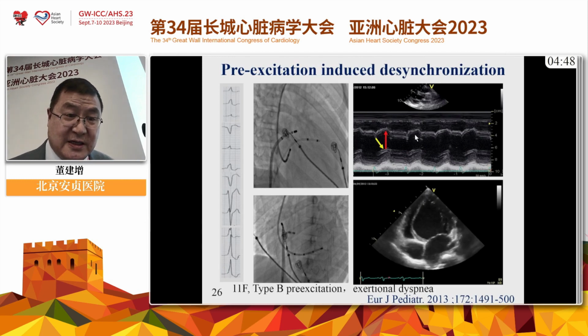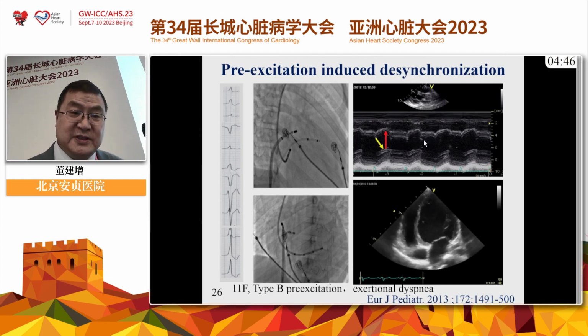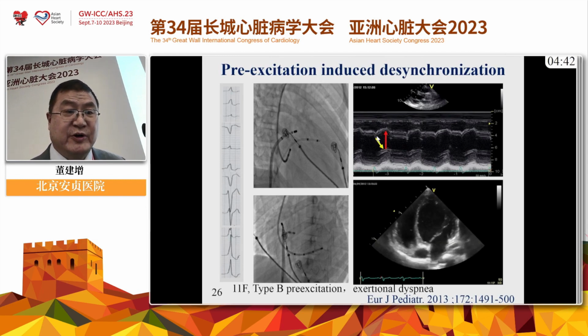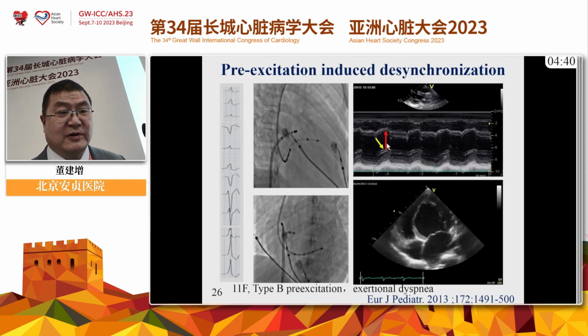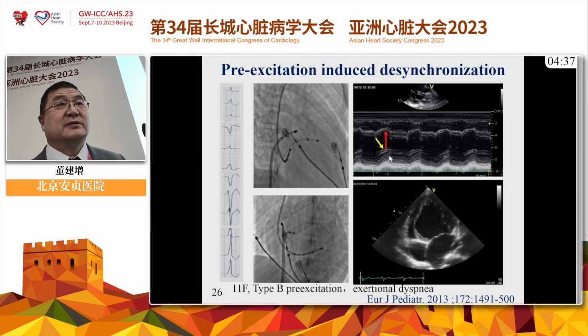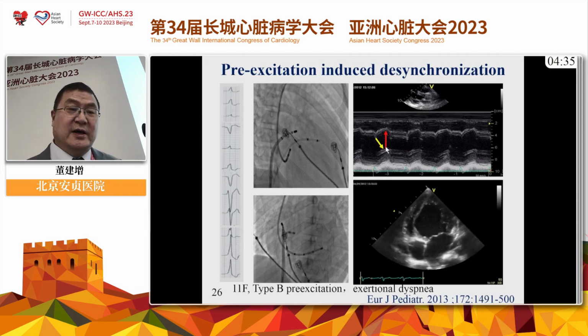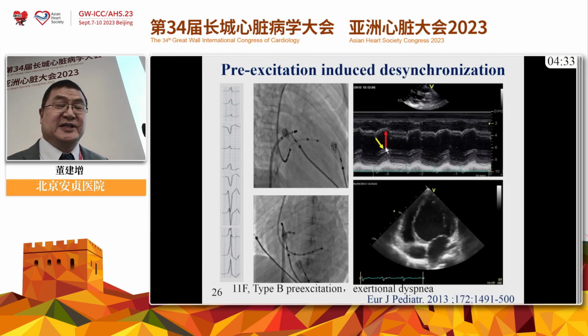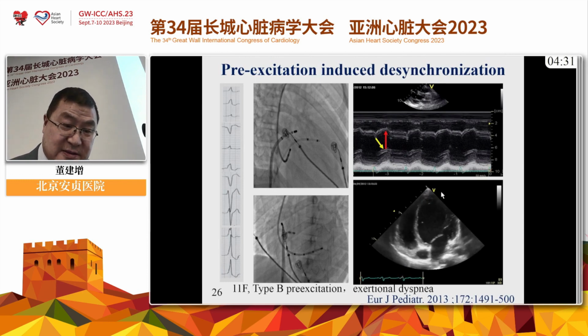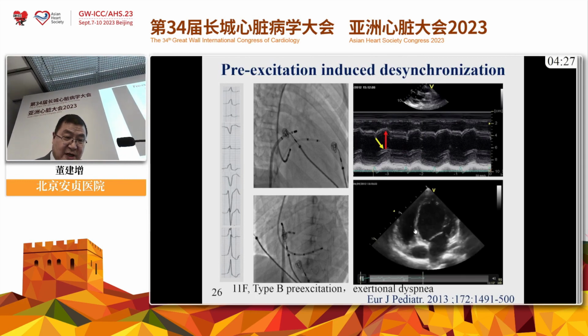We can see the left ventricle is in dyssynchrony. The septal wall contracted early, followed by the lateral wall. So the left ventricle is significantly dyssynchronous, and thus we can see the atrophy close to the accessory pathway and paradoxical movement.